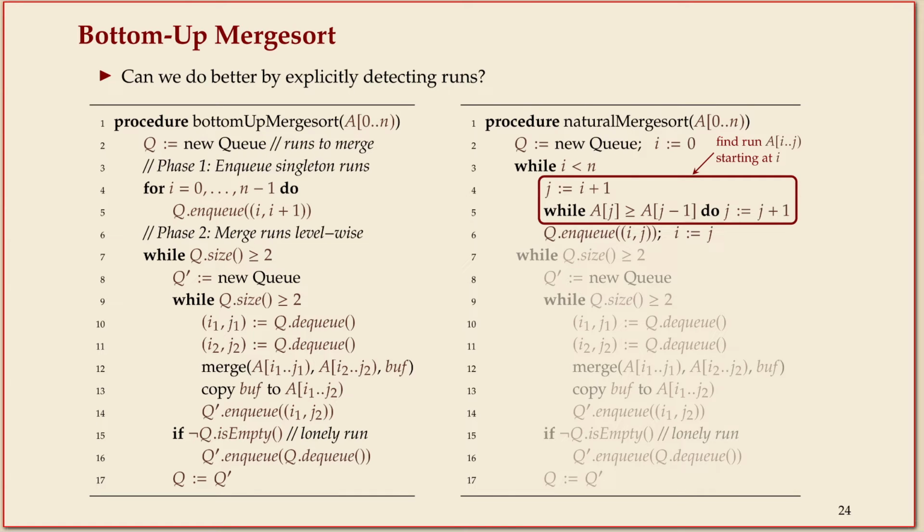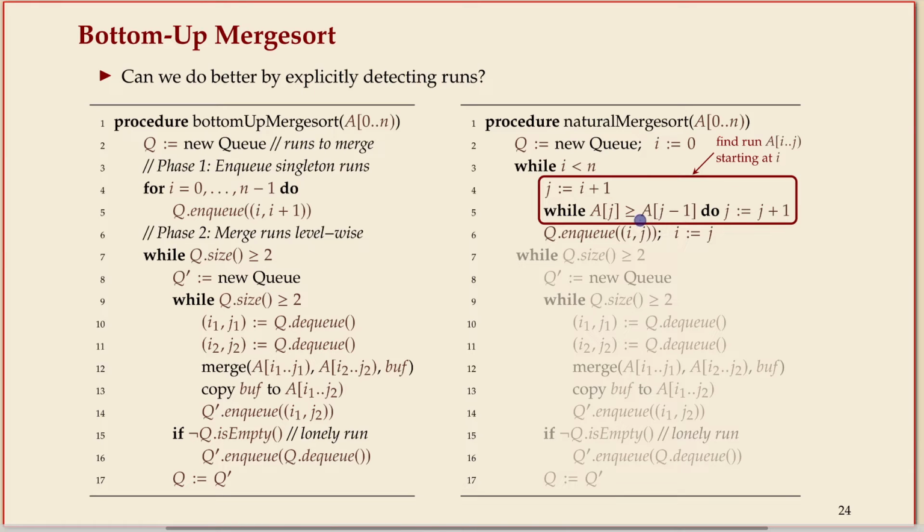If you look at how we initialize the queue, we're going through the list and deciding every element is a run of its own. And there's no reason to do that. We could instead just scan forward and check how long things are increasing. So I move through the array once. I keep track of the endpoint of the next run.